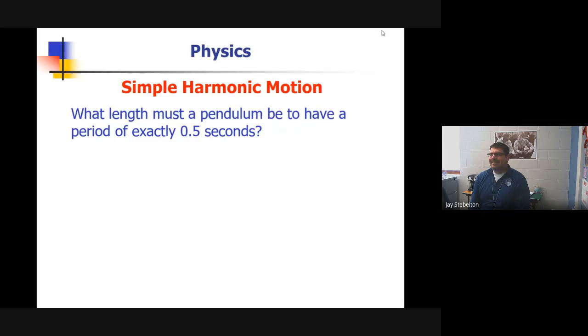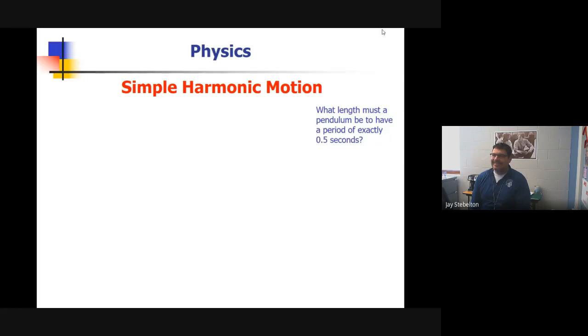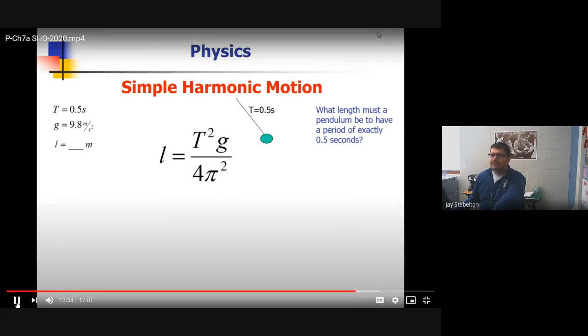Well, I've read it. After I read it, indeed, it is my pendulum with a period of 0.5 seconds out and back. Read it, diagrammed it. Now I list. Period is 0.5 seconds, and g is 9.8 meters per second squared. What's the length? Well, L is equal to T squared g over 4 pi squared.